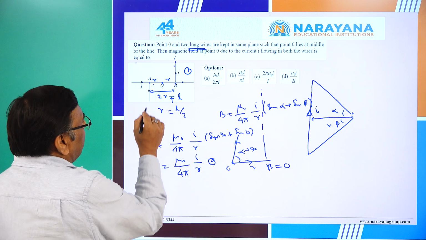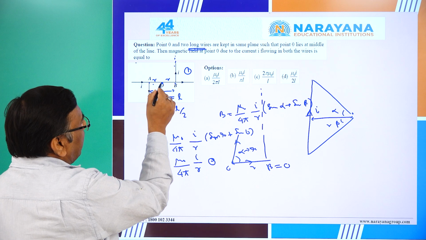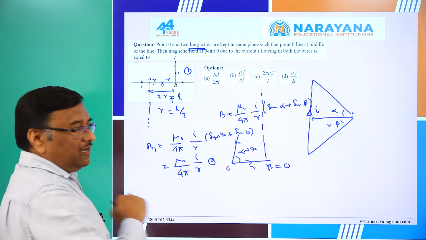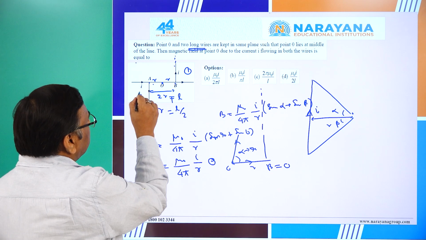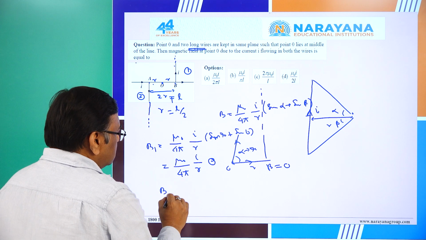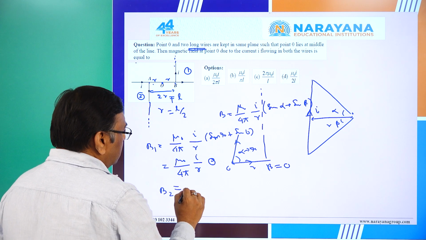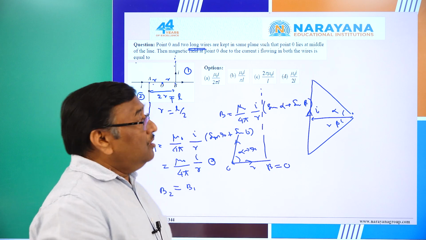Similarly, the second wire is also given to be a long wire. If it is also going towards infinity, that means one angle is 0, another angle is going to be 90 degrees. The same value you will get for this also. If I consider this wire to be wire number 2, then the magnetic field because of wire 2, so B2, will also be equal to B1 as far as the numerical value is concerned. See the direction also.